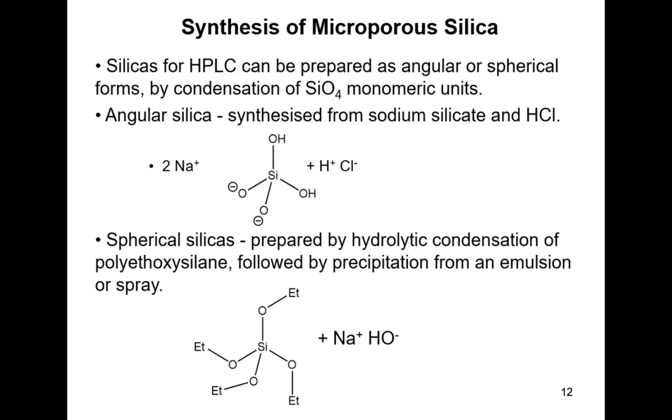And just a brief run through the chemical synthesis of these materials. There's a couple of ways that you can do this, which gives rise to different shapes of particles, which can affect the separation efficiency for different mixtures. This is something I'll comment on later on.